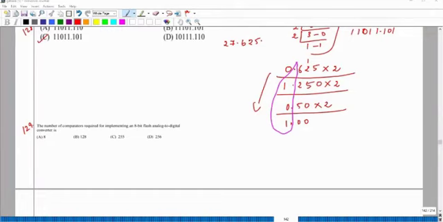Here n is 8. So what is 2 power 8 minus 1? 2 power 8 is 256, then minus 1, you will get 255.